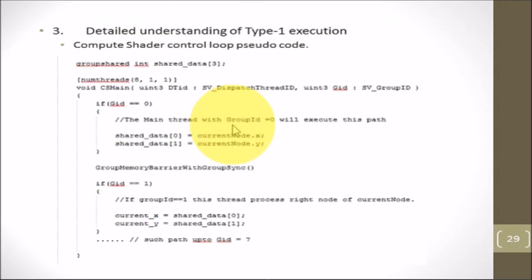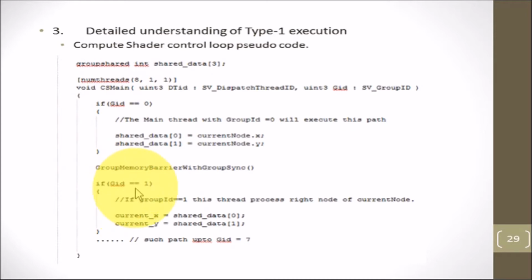So this is a snippet of the code for a detailed understanding of type 2. Here we declare the shared data for the group shared like this, which is 3. And here we do some branching, as the number of threads is 8. So if the thread ID of the thread executing this shader is 0, then only it can execute this path.